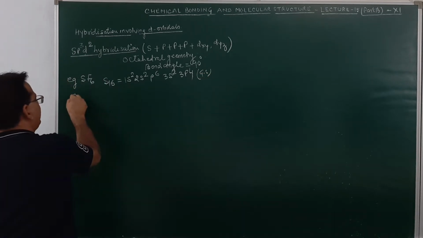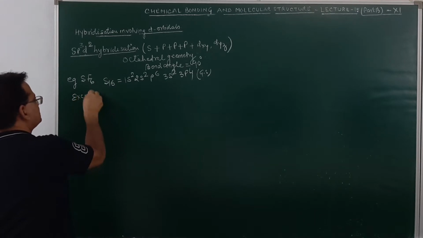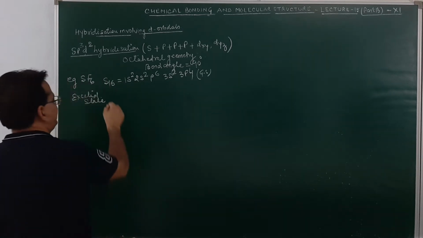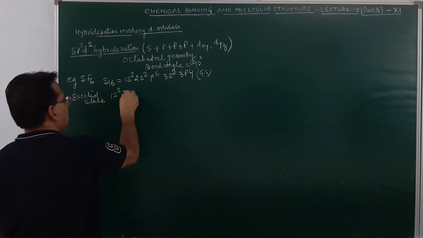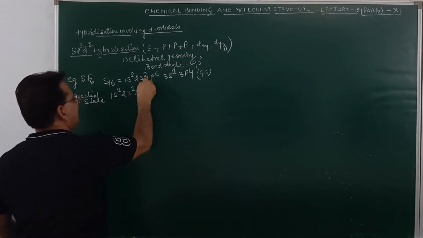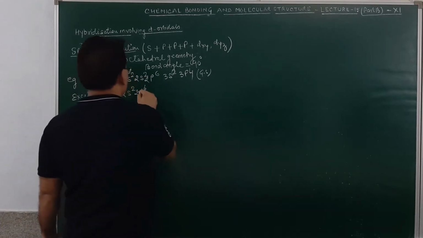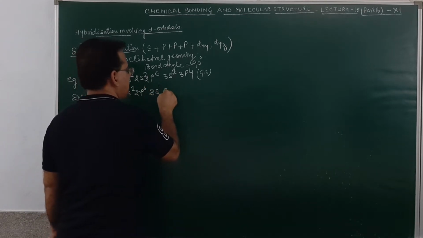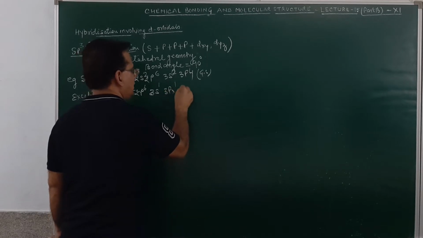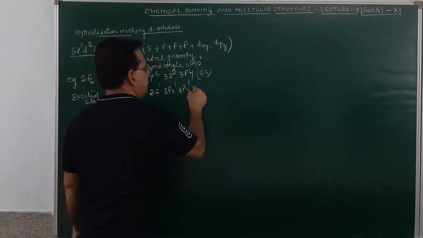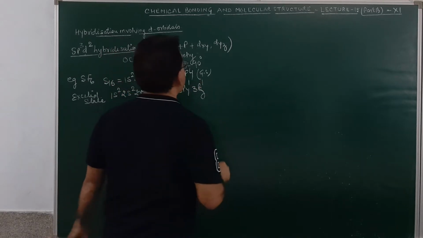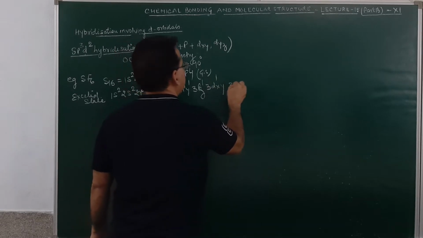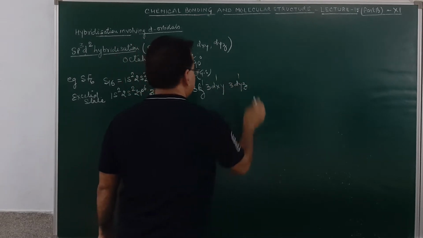If I write down the configuration in the excited state, it will be 1s2, 2s2, 2p6, 3s1, 3px1, 3py1, 3pz1, then 3dxy1, 3dyz1.